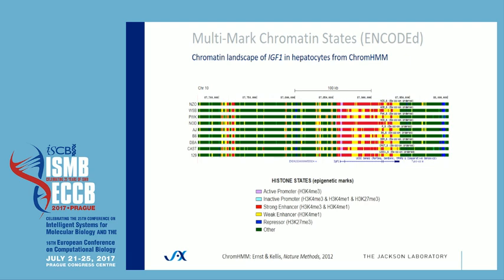Okay, so here are all 9 inbred strains. This is the IGF-1 locus, so that's insulin growth factor 1, a very important gene, highly expressed in the liver, highly expressed in all of these strains, and doesn't really show any variation in terms of gene expression. And it doesn't really show much variation in terms of these epigenetic annotations either. So in every case, you have an active promoter there in purple.